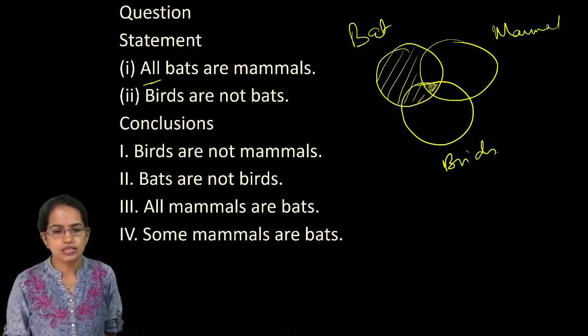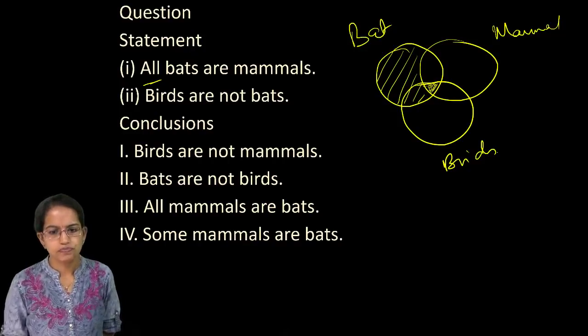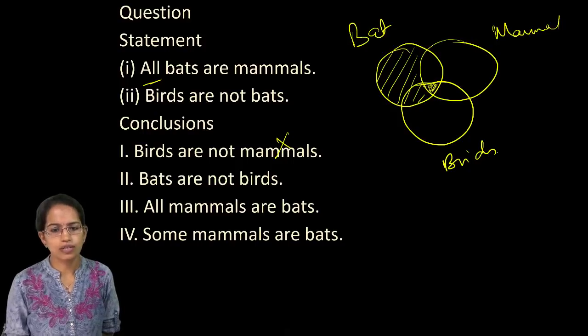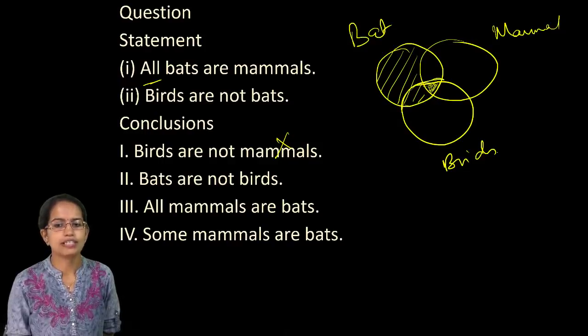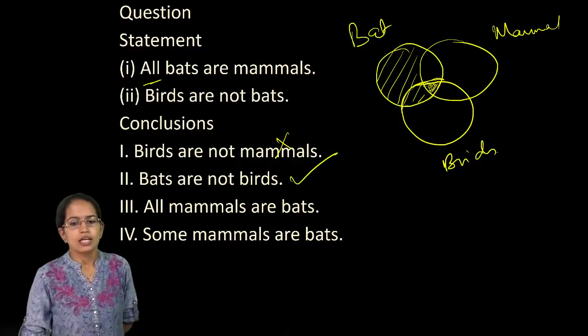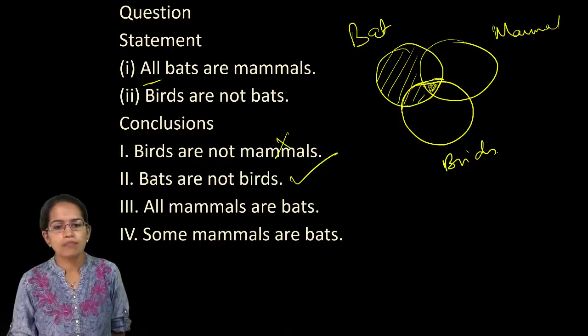Now based on this, there are 4 conclusions that are given. Birds are not mammals. That cannot be proved. Bats are not birds. That is proved because there is no bat lying in this region, because this whole region is shaded. That means there is nothing that lies here. So this statement becomes true. Then you have all mammals are bats.